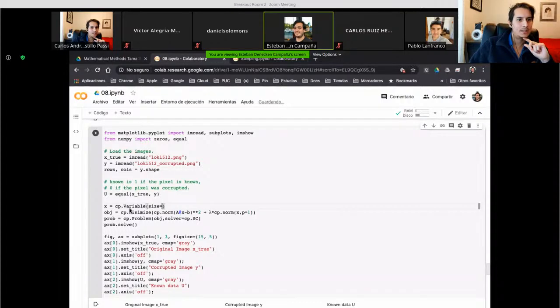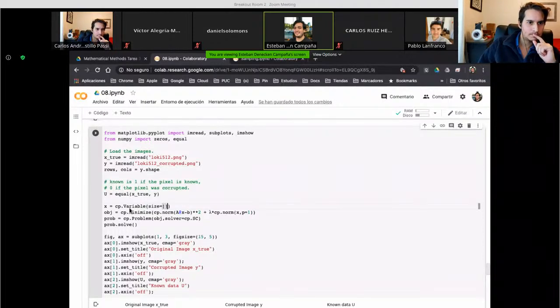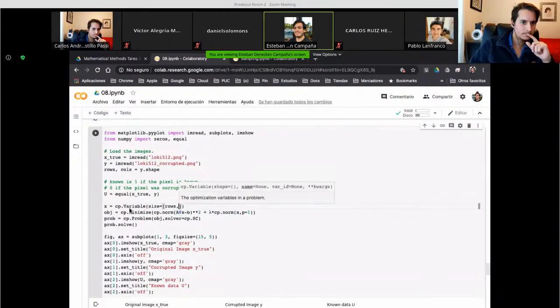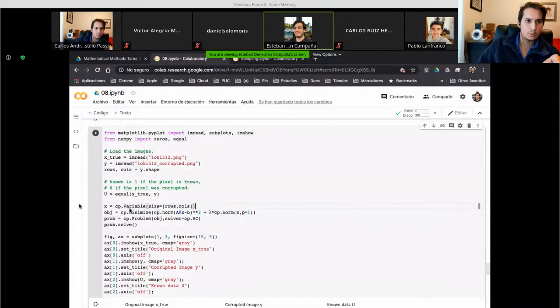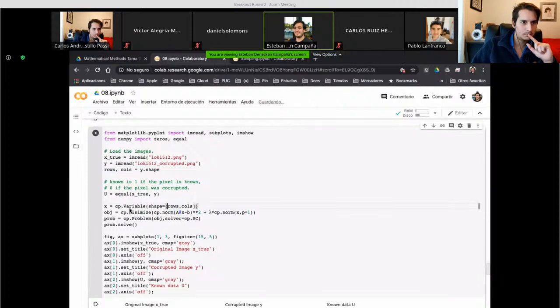Yeah. And you have your rows and columns already defined. I think you need to put shape instead of size. Shape. Shape, yeah. And instead of square brackets, you need to put parentheses, because you're passing a tuple.